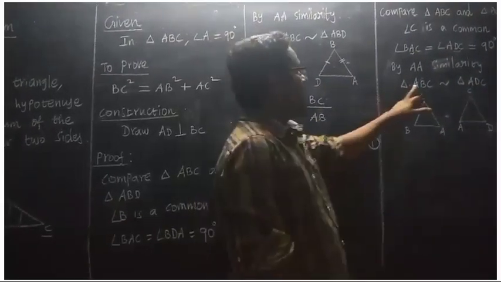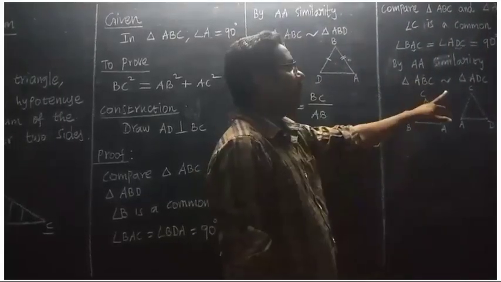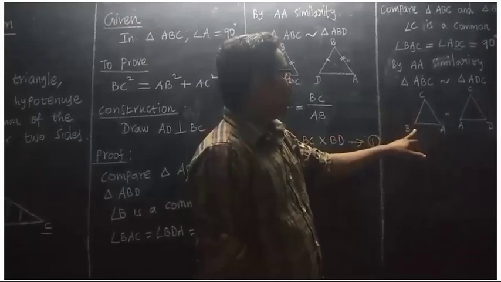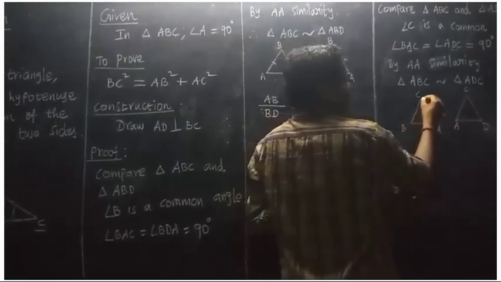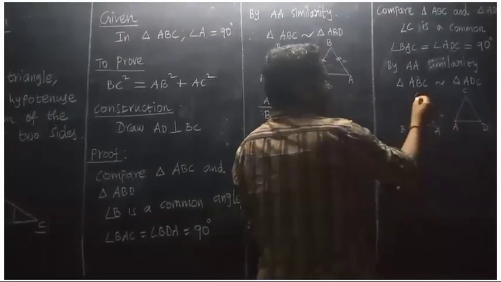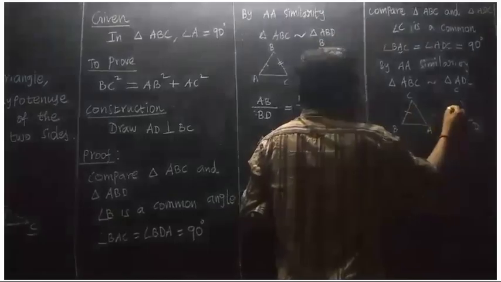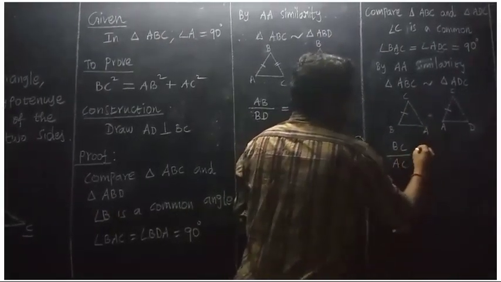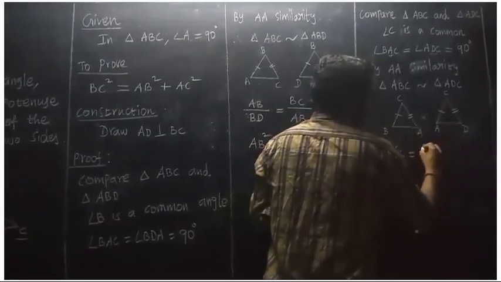Similar means the corresponding sides are proportional. Therefore, we draw two triangles, triangle ABC and triangle ADC. Here C is a common angle. First corresponding side BC divided by AC equals the second corresponding side AC divided by DC.